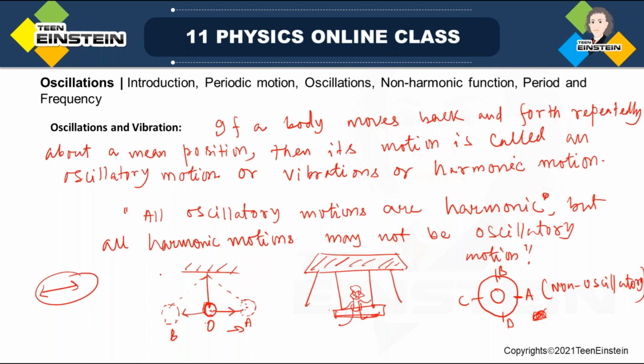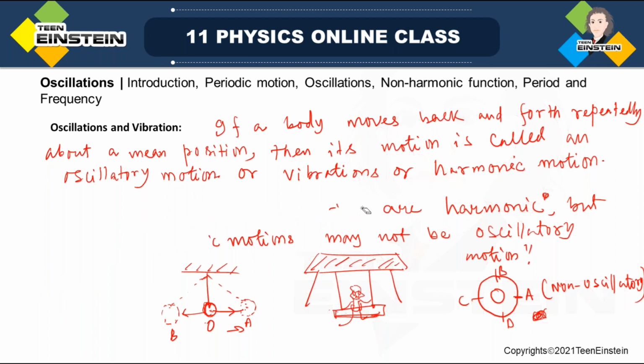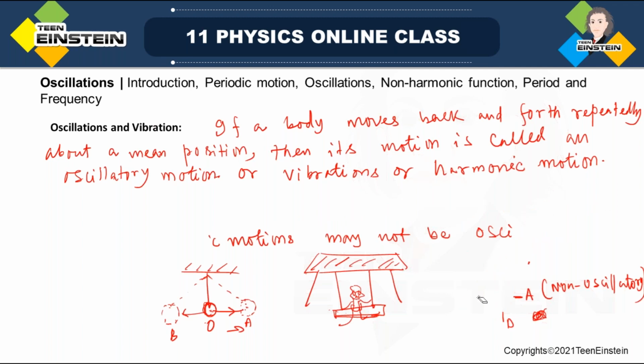Now you might be thinking, what is vibration? I have understood oscillatory motion, but what is vibrational motion, or what is the vibration? See, oscillatory motion and vibration basically are the same. But what is the difference?